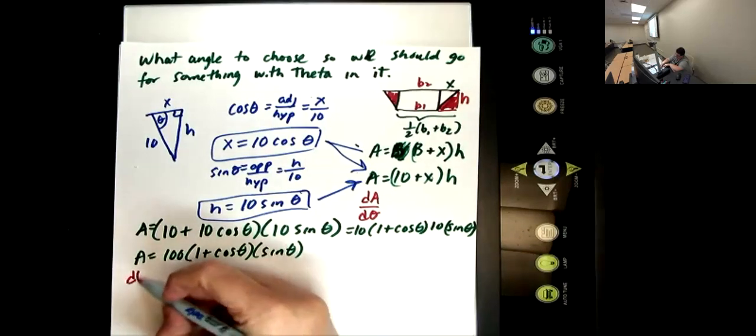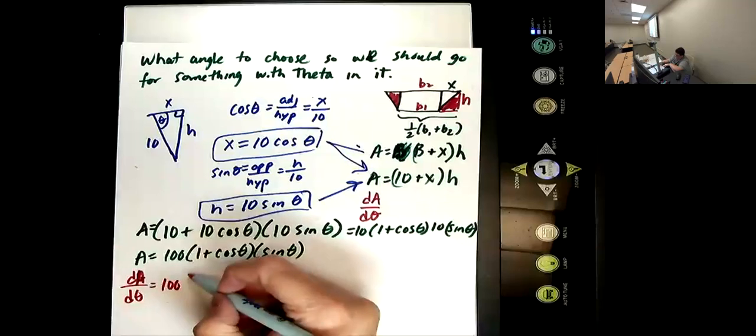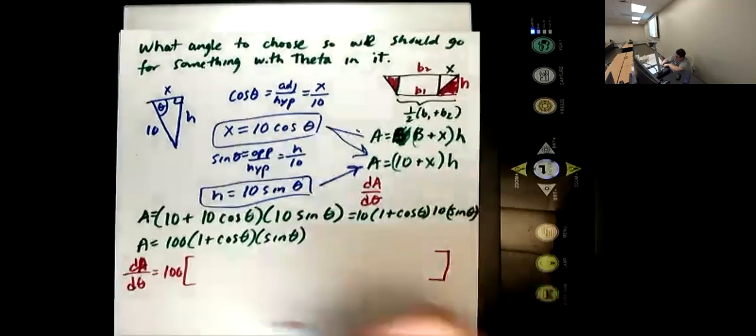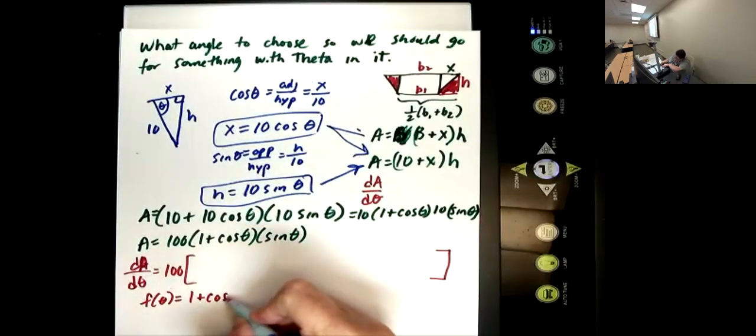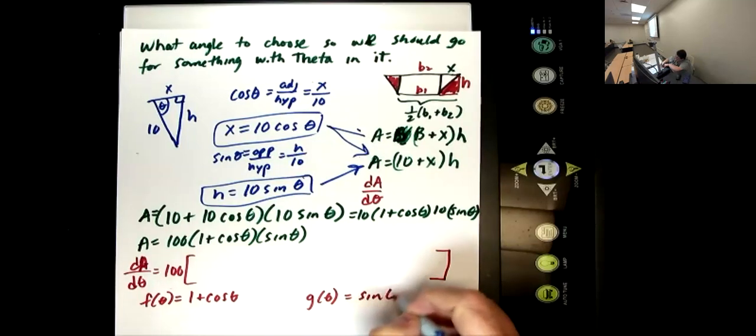So dA d theta is going to have 100 times whatever these derivatives are. So f of theta is 1 plus cosine theta. G of theta is sine theta.